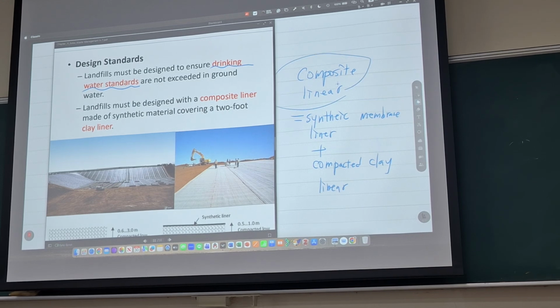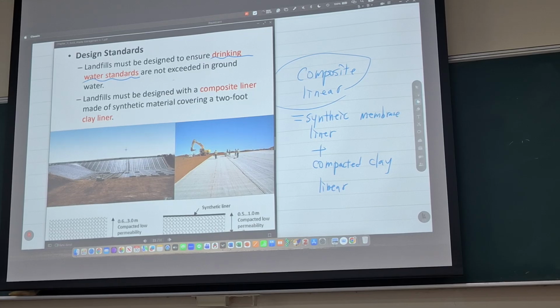We call this a composite liner. Just like this, you have synthetic membrane liners, and you also need to top up with a clay liner.